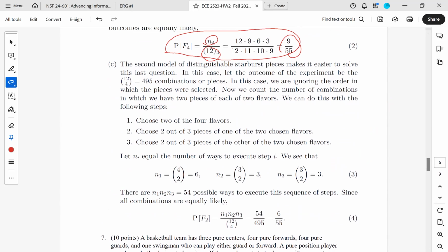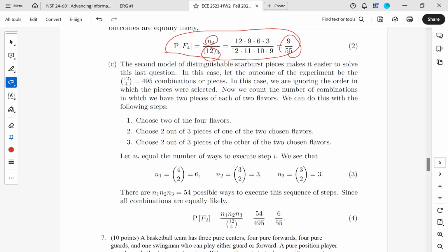Okay. Now, when you want to pick this, the question typically shows you how to calculate. First, let's go through the question. It wants you to calculate having two flavors and then two pieces for each flavor. So, step by step, your first choice is to say, okay, I have four flavors.